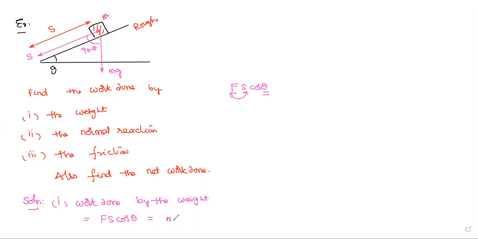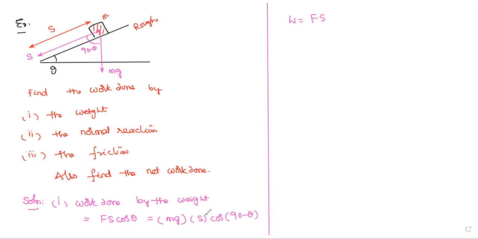F is the weight mg, displacement is S, and the angle between them is 90 minus theta. So the work done equals mgS sin theta, because cos(90 minus theta) is sin theta. Answer for the first question.